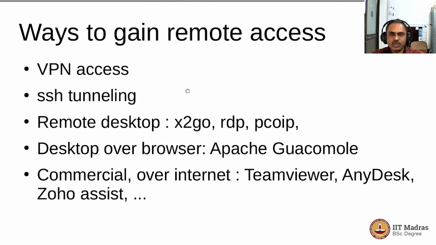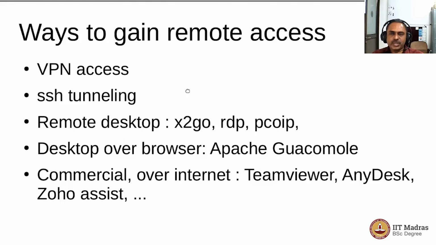Before that, I also want to tell you that if you want to get access to a remote computer, you can actually do it in many ways. A virtual private network is one way. All IIT Madras students have the ability to connect from their home as if they are coming from the campus, by a VPN account, if they have a good reason to have that particular facility.